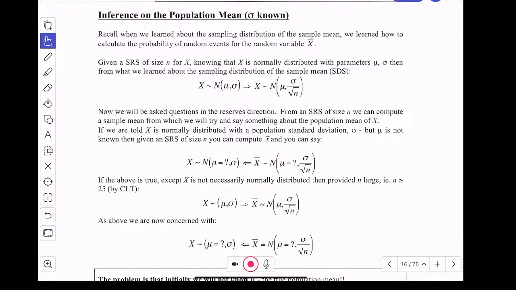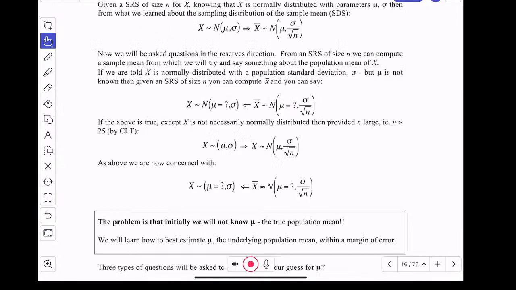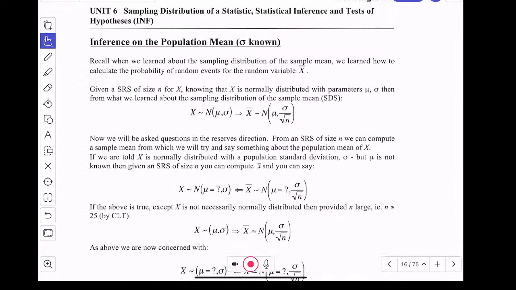So I'm on page, it says here, 16. So I'm skipping over these notes because I'm trying to show you what it all means, and then you can read it much more easily.